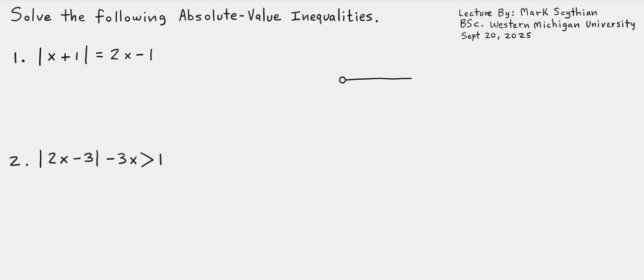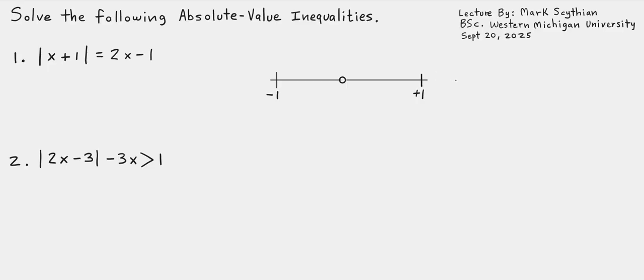So let's say that's our 0 point, and we have a positive and negative scale. So let's say we have negative 1 and positive 1. With the absolute value, we can never have a negative interpretation.